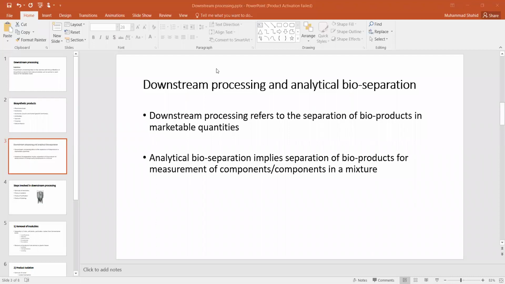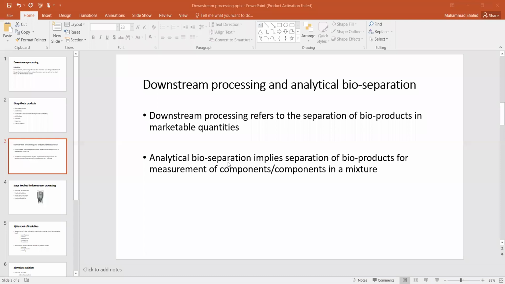And the second term, analytical bioseparation, implies the separation of bioproducts for the measurement of components in a mixture. So it means that when our aim is only to measure a single component or components in a mixture in a laboratory, then it's analytical bioseparation.